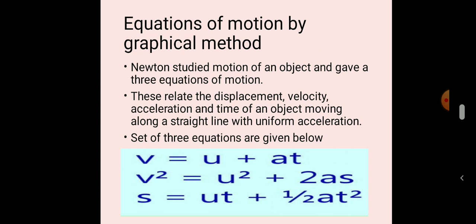Now, you might be thinking, why study these equations of motion by graphical method? What is the importance of graphs? Already we know that graphs provide a convenient method to present basic information about a variety of events.